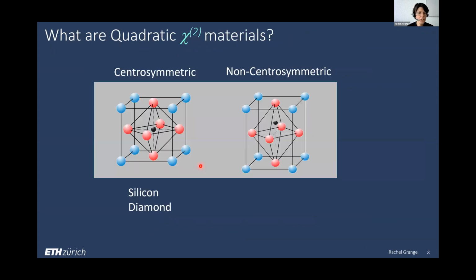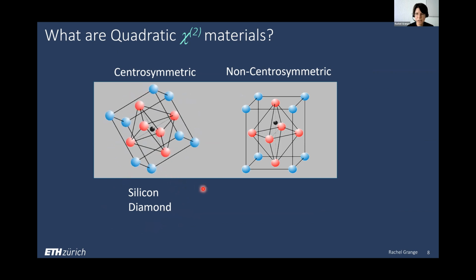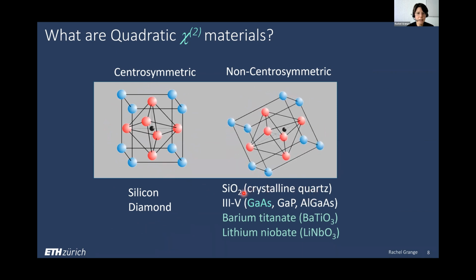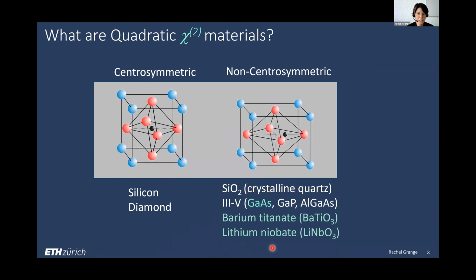Current technologies really rely on centrosymmetric materials, still on silicon electronics, for certain photon emission on diamonds, which are mainly centrosymmetric materials. But the materials I will talk about today are mainly non-centrosymmetric materials, for instance barium titanate, BaTiO3, lithium niobate, LiNbO3, as well as a few III-V nanowire materials.